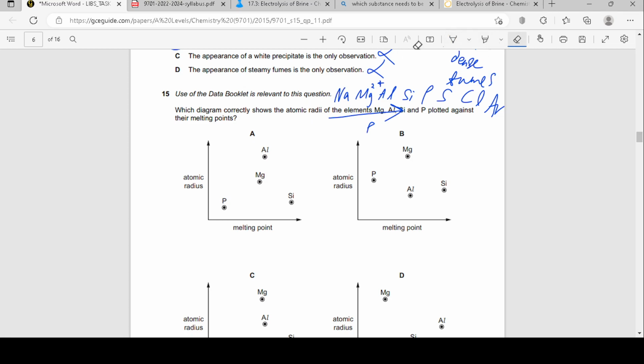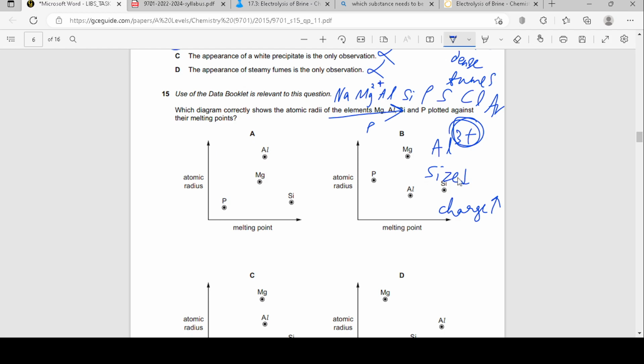And Al3 plus also has a greater charge. So it has a smaller size and a greater charge, and because it has a 3 plus charge, it has more electrons in its conduction band, a bigger sea of electrons.